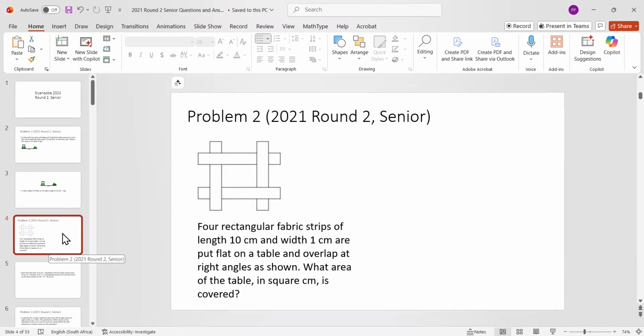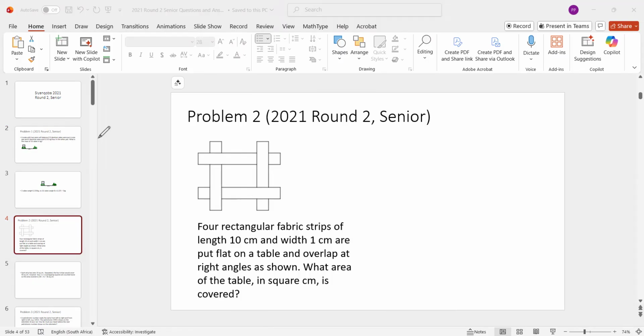The second problem says the 4 rectangular fabric strips of length 10 centimeters and 1 centimeter are put flat on a table. All right, you can see how they are laid. Each one is 10 centimeters by 1 centimeter.